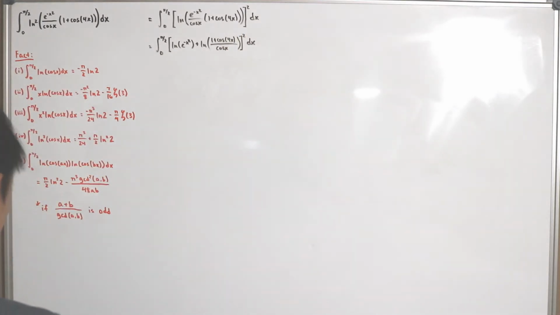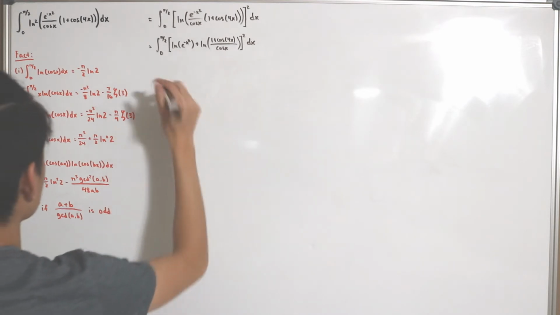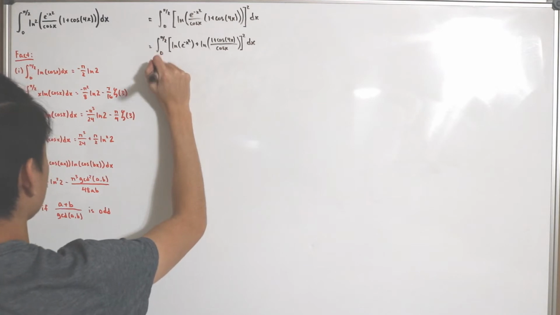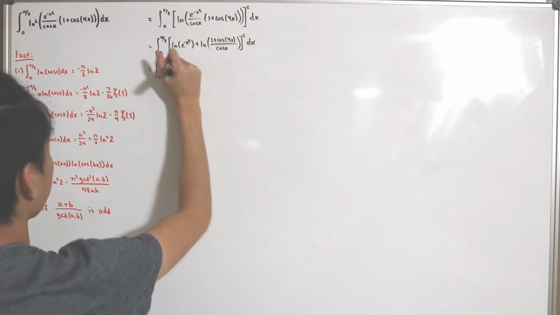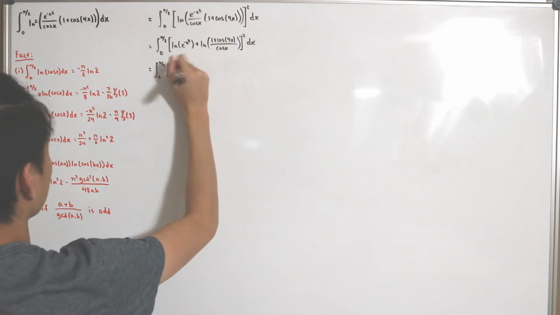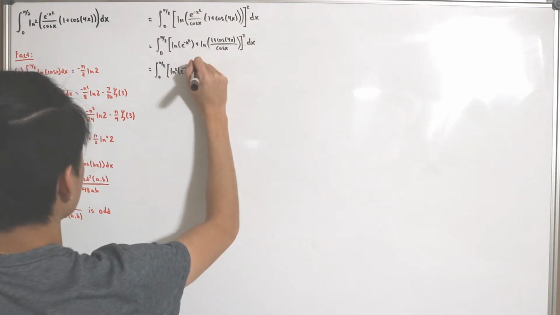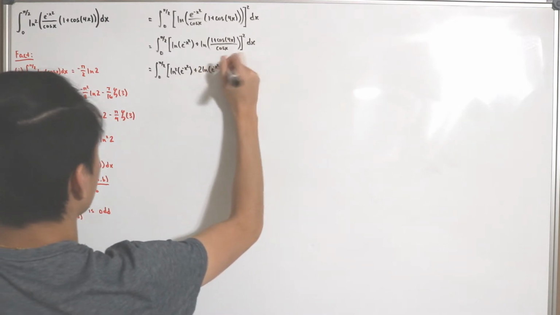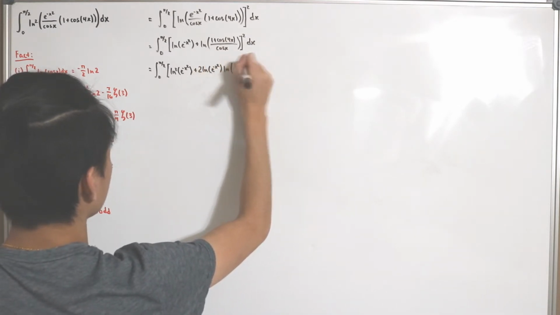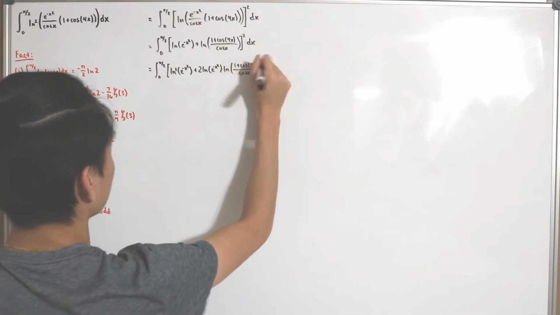All right, nice. Now how about we use the FOIL method to expand this expression out. So we have the integral from 0 to pi over 2 of the natural log squared of e to the negative x squared, then multiply the 2, so this is plus 2 times the natural log of e to the negative x squared, multiplied by the natural log of 1 plus cosine of 4x divided by cosine x.